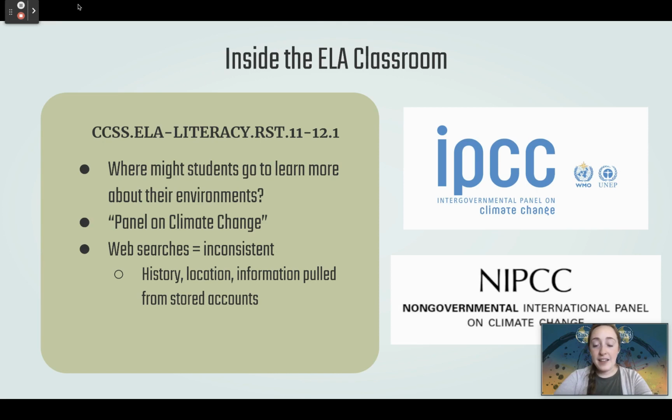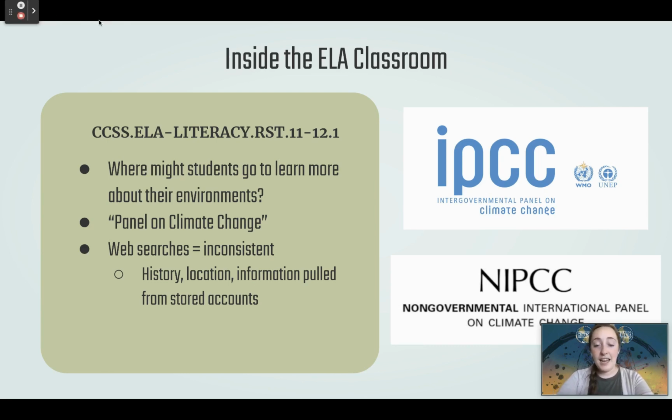And in the ELA class, they will look at both of these documents and assess them for similarities and differences. And they'll also use a critical lens to view the materials within them.